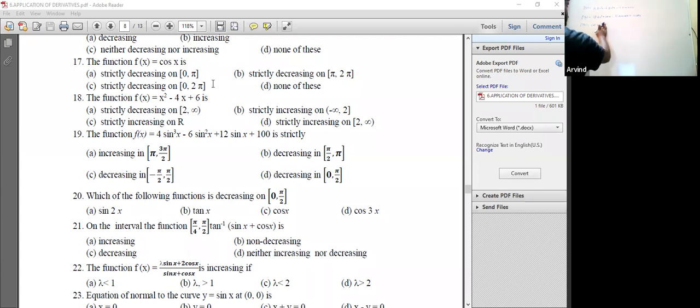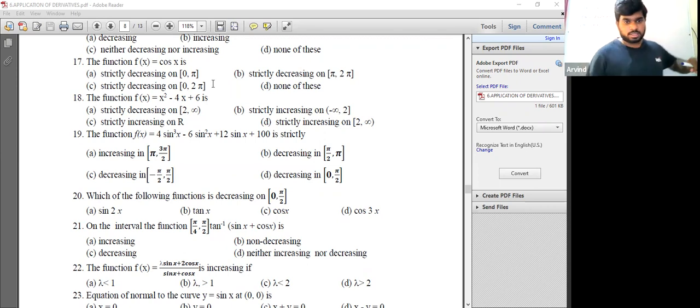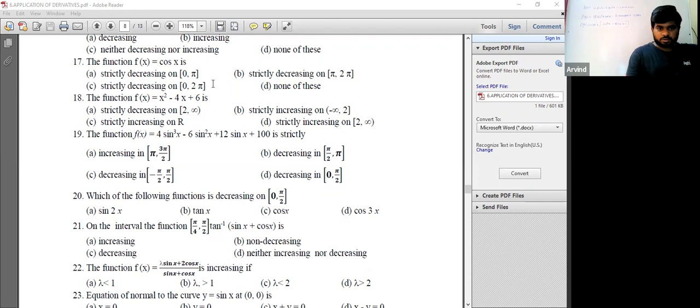So let's just take it out. 12 sin square x minus sin x plus 1. Okay. So after differentiating it, we have got f dash of x is equal to 12 cos x (sin square x minus sin x plus 1). We have to find whether it is increasing or decreasing in pi comma 3 pi by 2, decreasing in minus pi by 2.